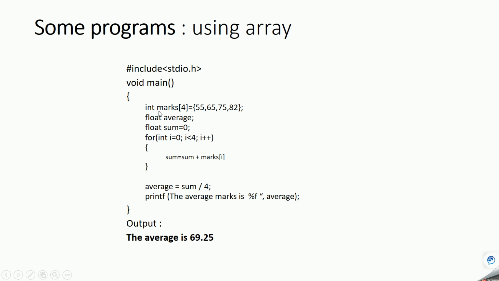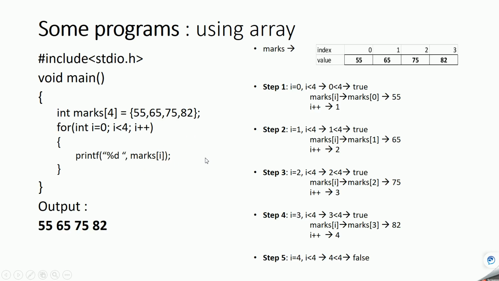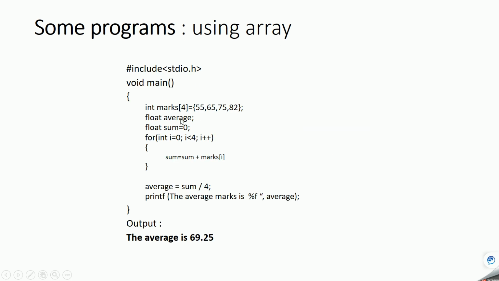This is also another program of using array, and it calculates the average mark of that student. So now it is your turn to trace the program like this. This is called tracing. I'll tell what exactly is happening.